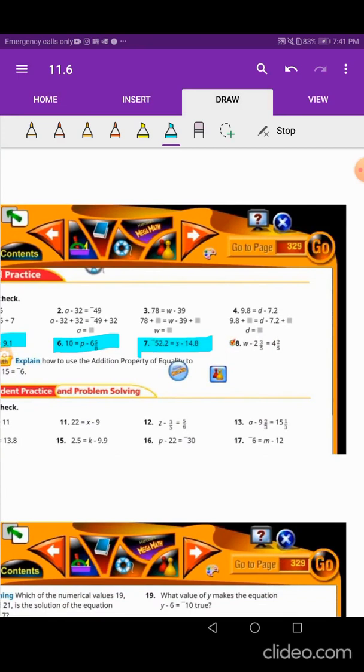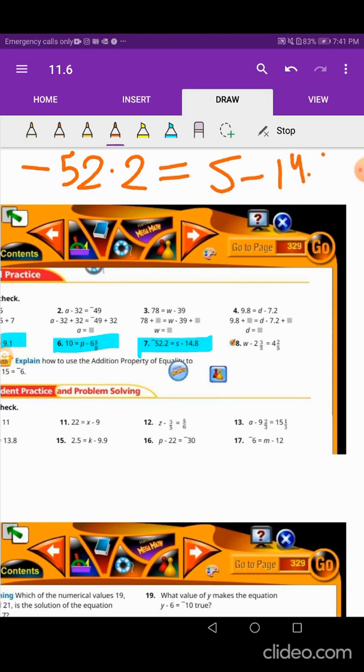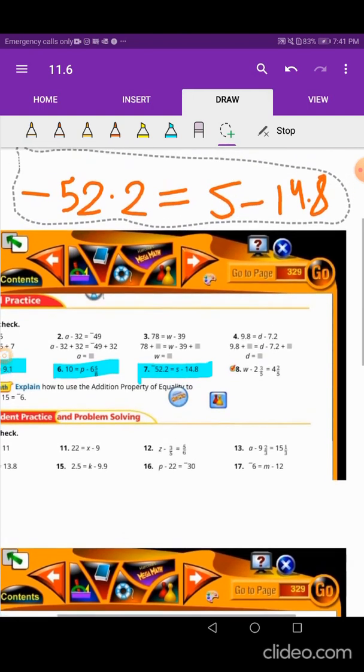Let's now solve question number 7. Negative 52.2 equals s minus 14.8. Let's copy it to have more space on the second page.